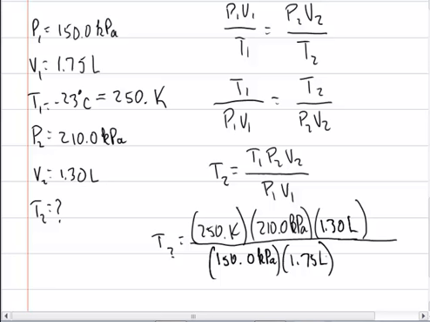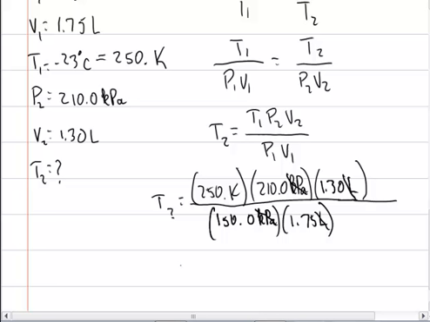Now, one thing that's a good idea to check is to make sure that, for example, your pressures are in the same units, in this case both kilopascals, and that your volumes are both in the same units. Now, that being the case, I can cancel out kilopascals, liters will cancel out, and I'm going to get my answer in kelvins, which is what I would expect. When I do the arithmetic, I come out with my answer of 260.